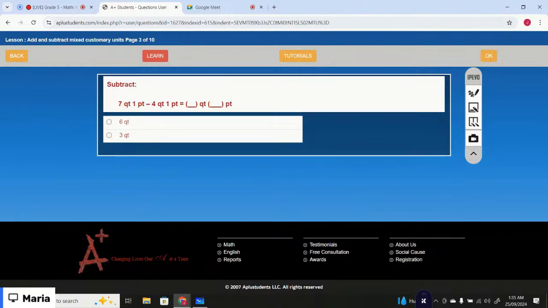Okay, the next one is subtract 7 quarts 1 pint minus 4 quarts 1 pint. So which is the correct option?